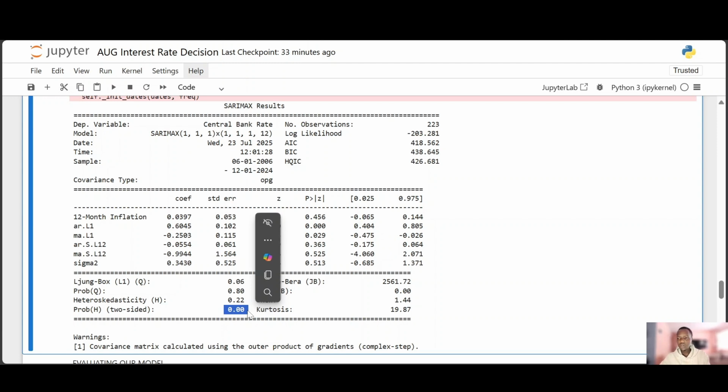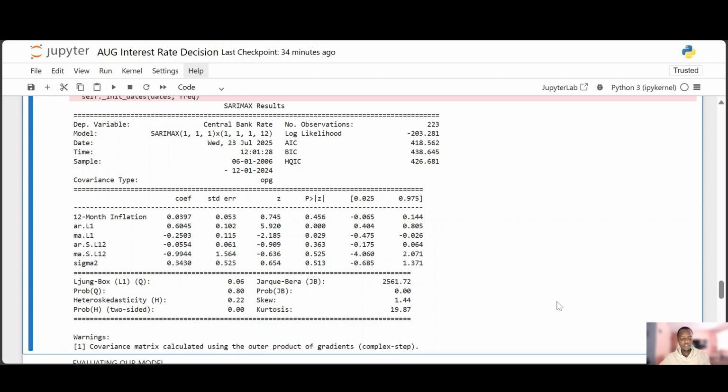When we exhibit this kind of problem, we go to other models such as the GARCH model and the ARCH model. For example, GARCH is the generalized autoregressive conditional heteroscedasticity model. So you try other models and see if they are a good fit for your data.